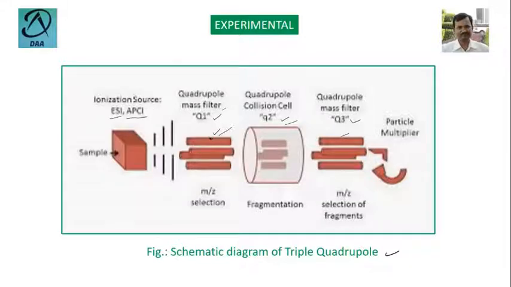We'll discuss later what the precursor ion is, just to understand for now. And these precursor ions will fragment here to give the product ion. And after that, this product ion will be detected by the third quadrupole mass filter Q3. And ultimately, it will be detected by the particle multiplier. So this is the schematic diagram of the triple quadrupole.